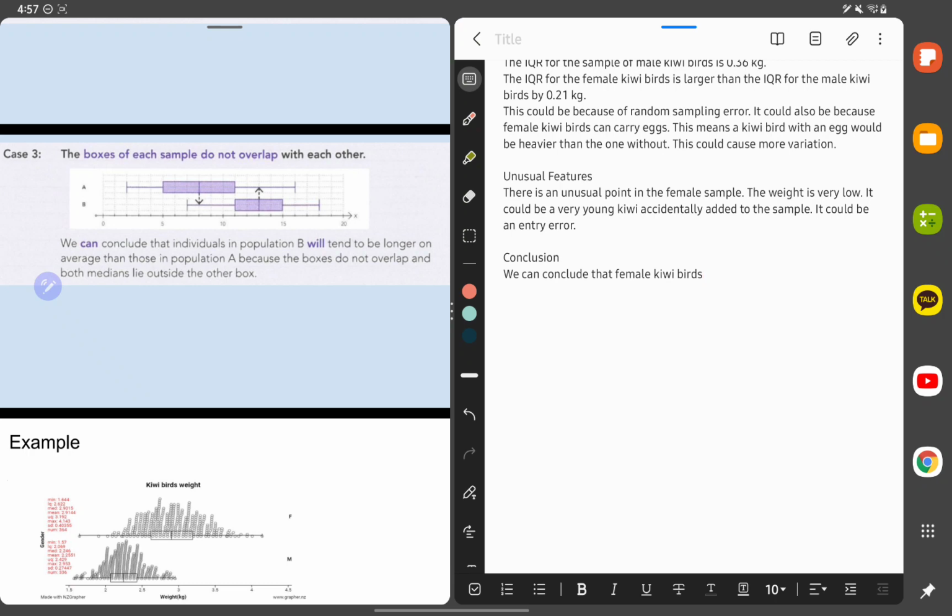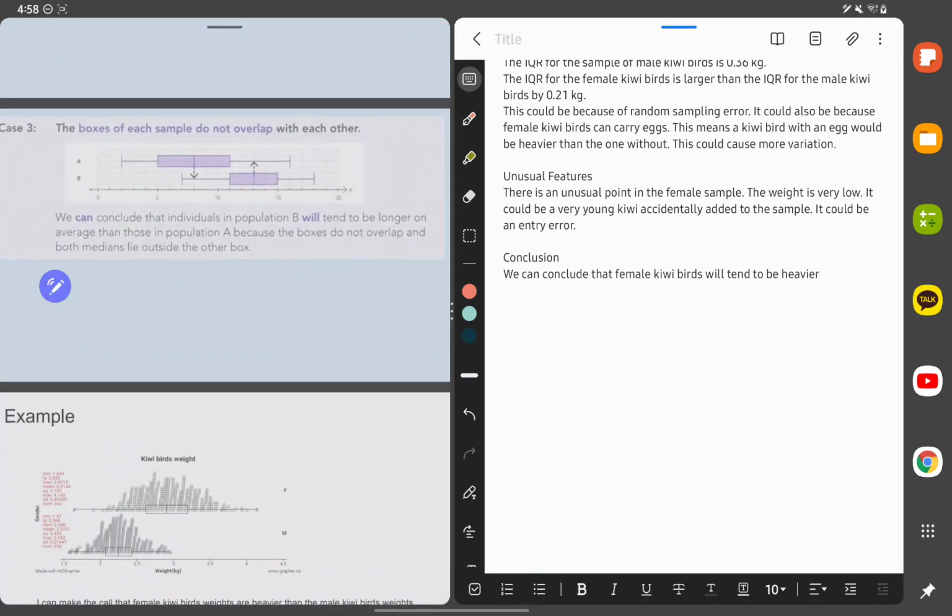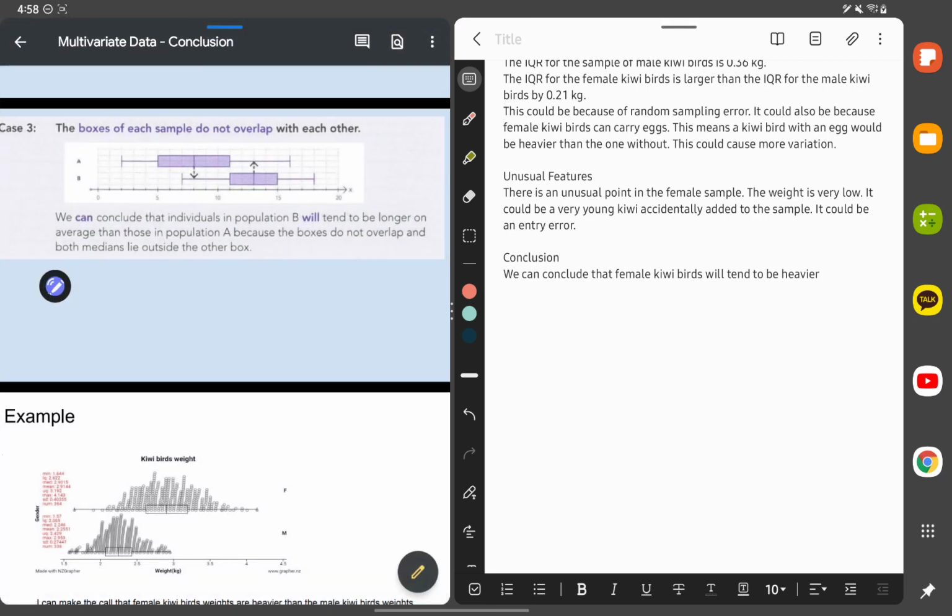So we can conclude that female kiwi birds will tend to be, this is important, heavier, right? Instead of longer on the slide, I'm gonna write heavier because we were measuring weight, on average, then instead of saying those in population A, we say male kiwi birds.